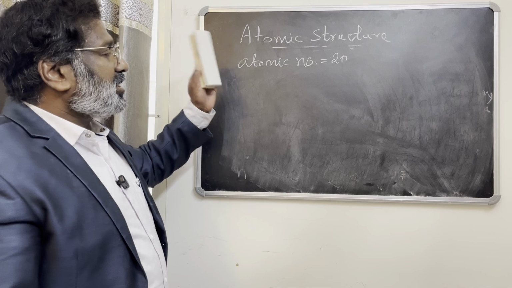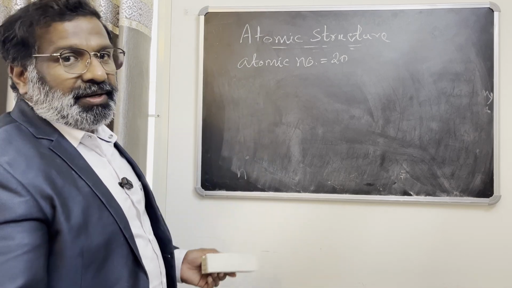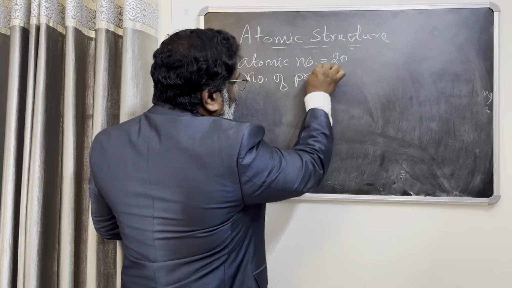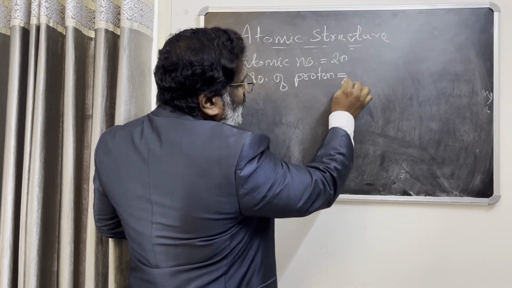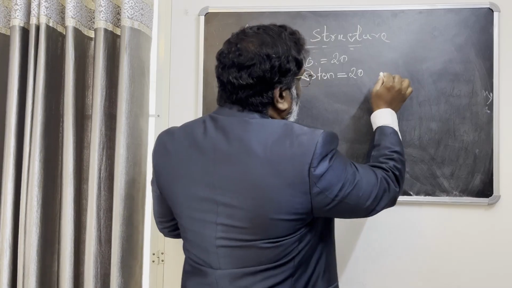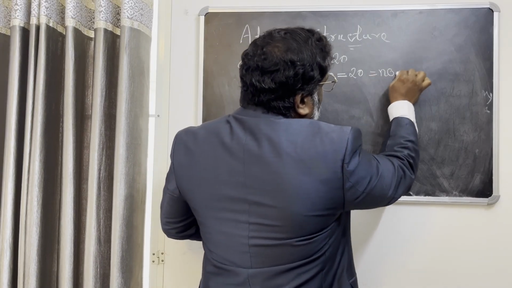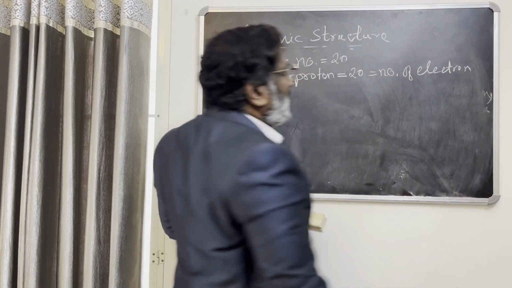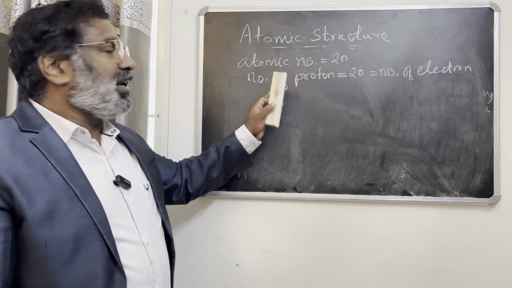If an atom has atomic number 20, what does it mean? The number of protons is equal to 20. So what is the number of electrons? It is also 20, because in an atom we have an equal number of protons and electrons.